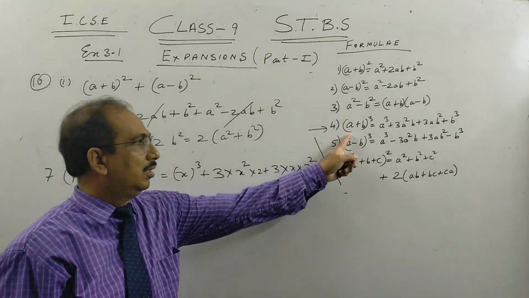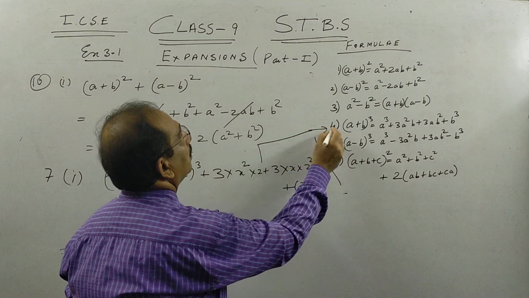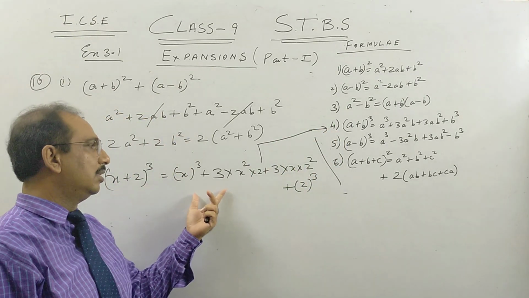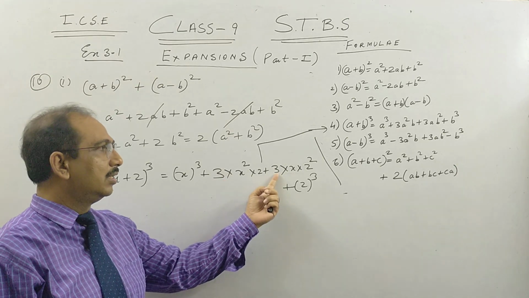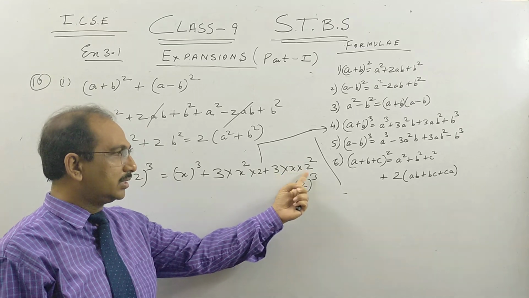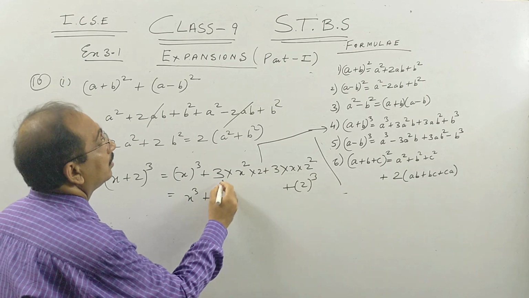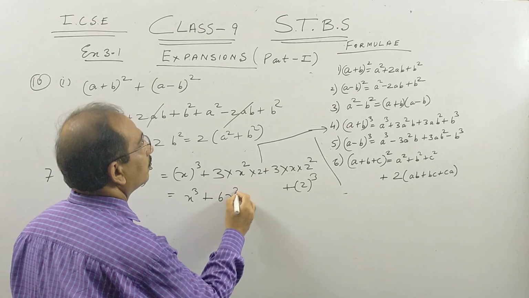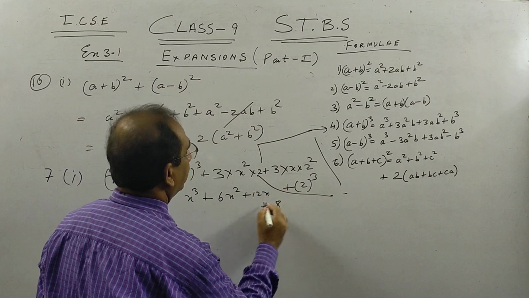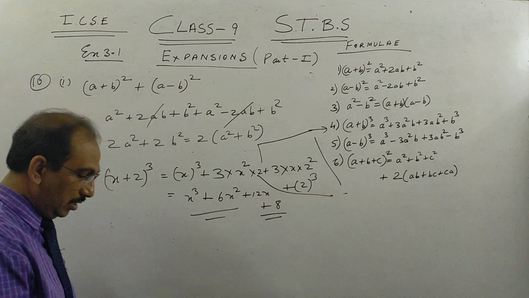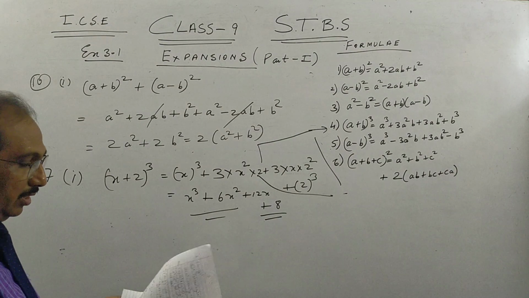Once more, first thing cube, just compare this with this. First thing cube plus thrice the product of first thing square into second, plus 3 into first into second thing square, plus second thing cube. So our answer will be 3 2s are 6x square plus 4 3s are 12x plus 8. So this is how we have done question 7 part 1.